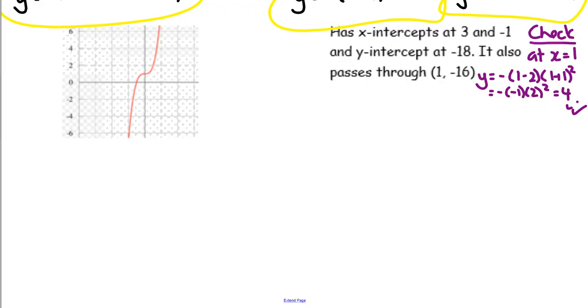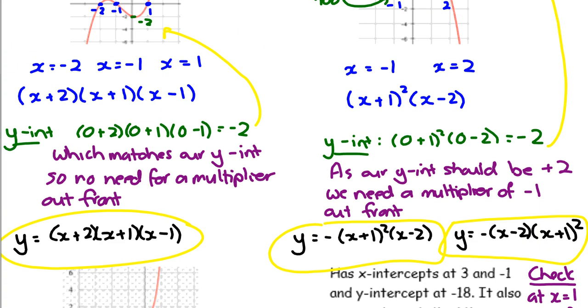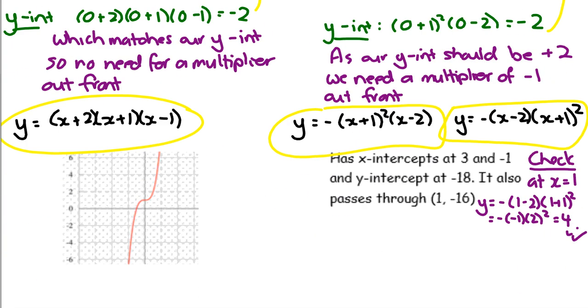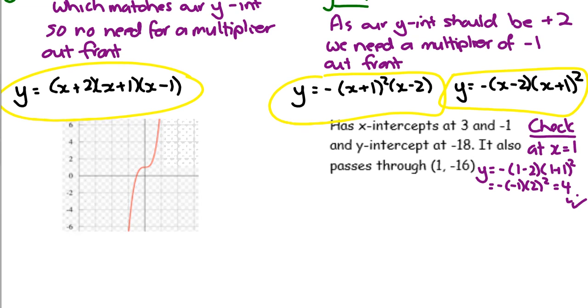Next one, have you noticed that this kind of graph is not the regular kind of roller coaster? So remember, when it's in this kind of form, we've got to think of a point of inflection. So this little thing here is a point of inflection.